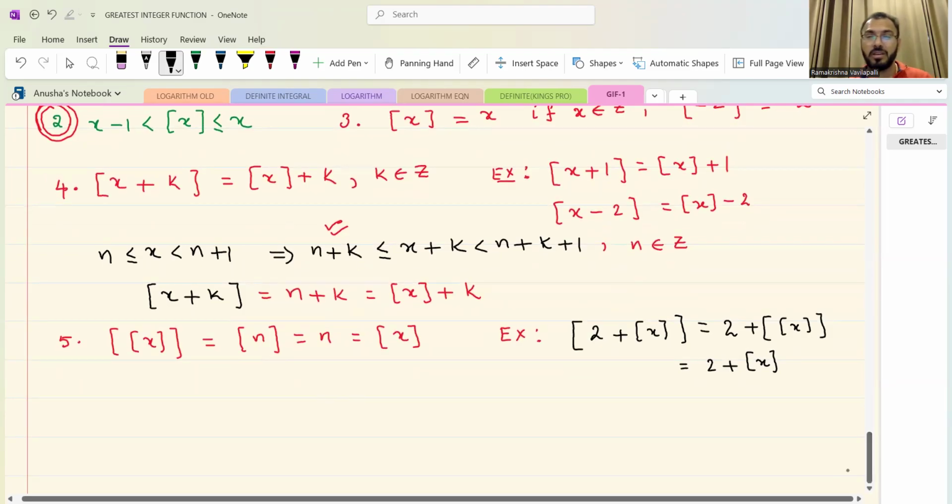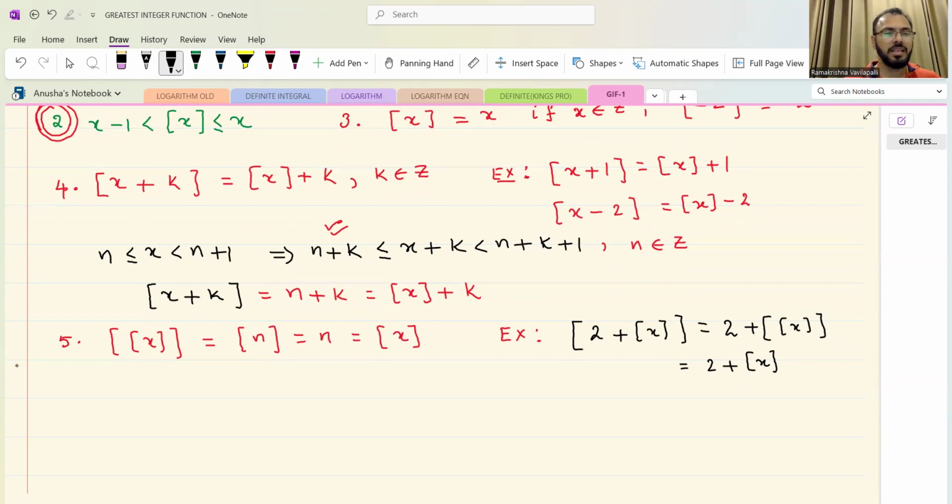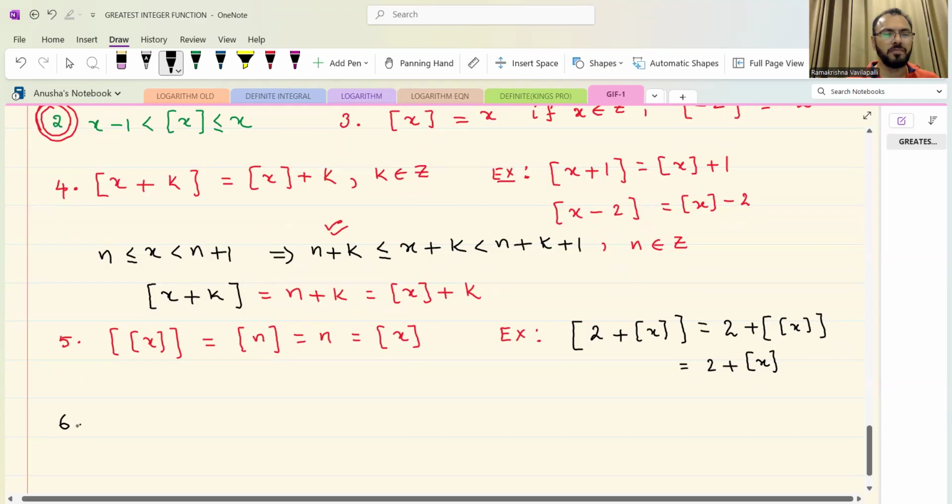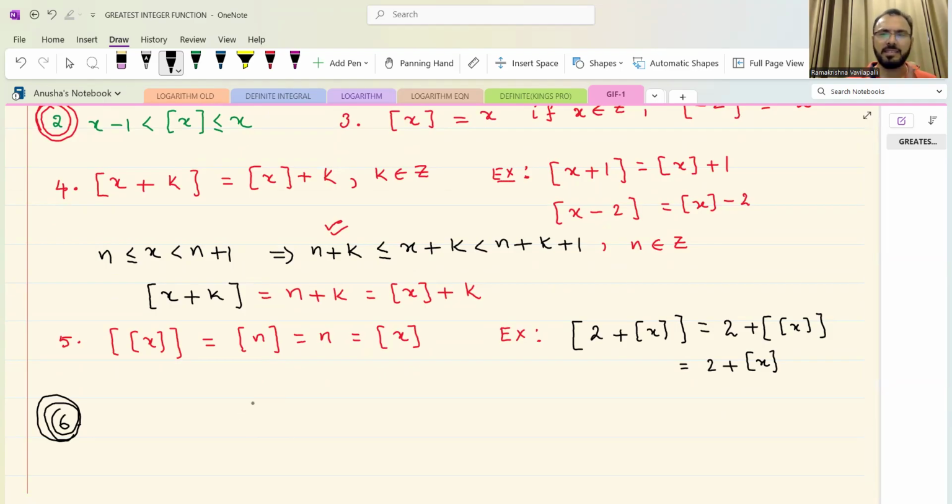Now, one more important property that is very useful: the sixth property. This is also very useful in proving even and odd functions and in evaluating definite integrals, etc. So what is this sixth property?